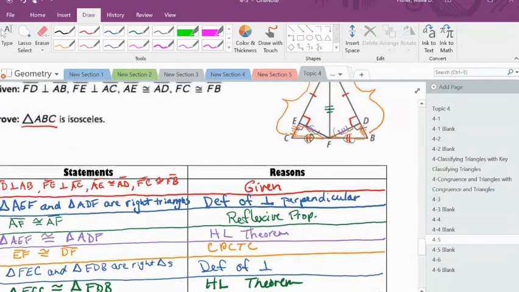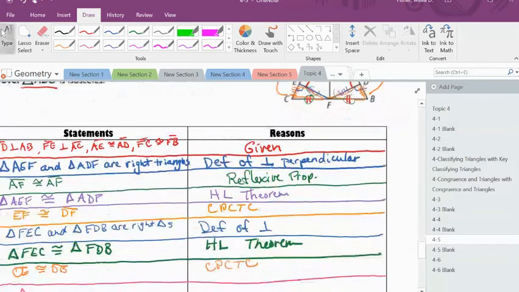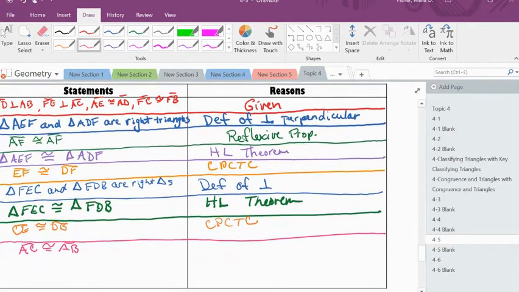AC is congruent to AB, angle addition postulate. We can add those pieces together.